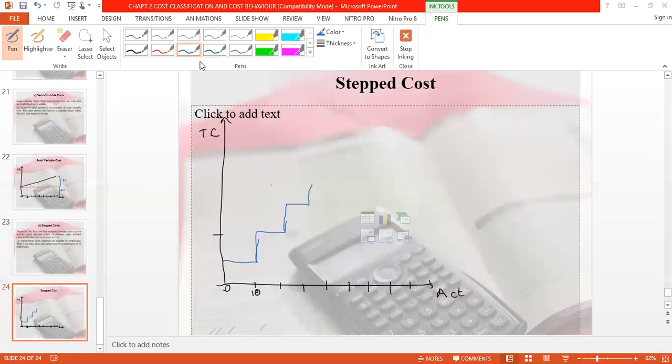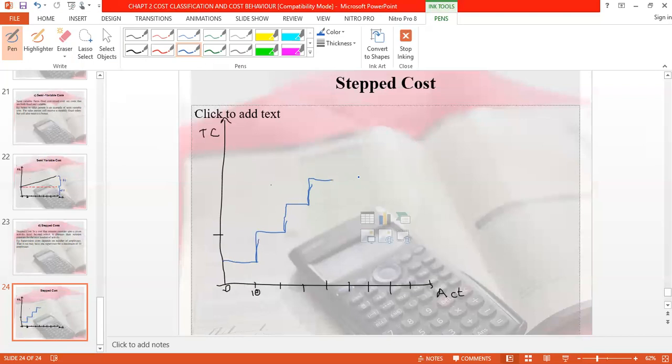By the way, I was just winding up. We were on stepped cost. I was just trying to explain how stepped costs work. So that is an example of a stepped cost. So when we classify costs by behavior, we have 4 types of costs. We have fixed, variable, semi-variable, and stepped.